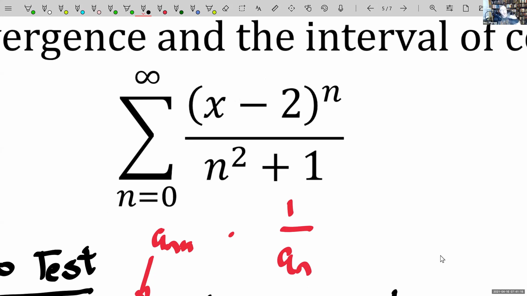It will not go off to infinity because the center is at 2 and the radius of convergence is 1. So it should converge for anything between 1 and 3.